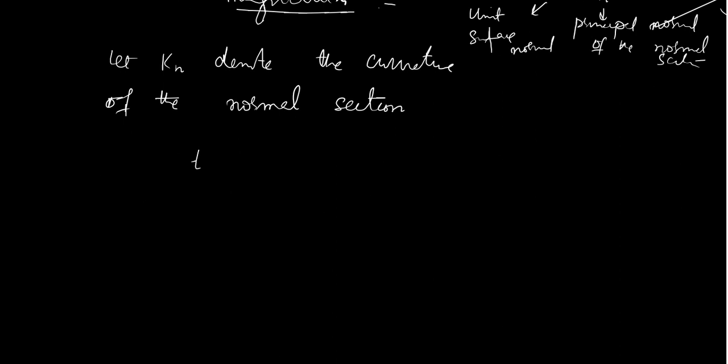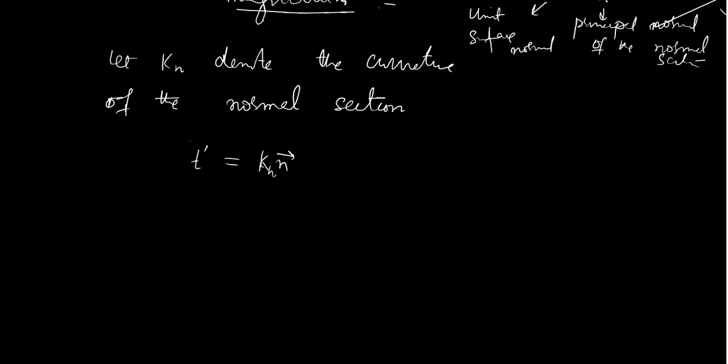This is one of the Serret-Frenet equations, and since I had denoted the curvature of this normal section by k sub n, T dash, where T is the unit tangent vector, is basically r double dash.